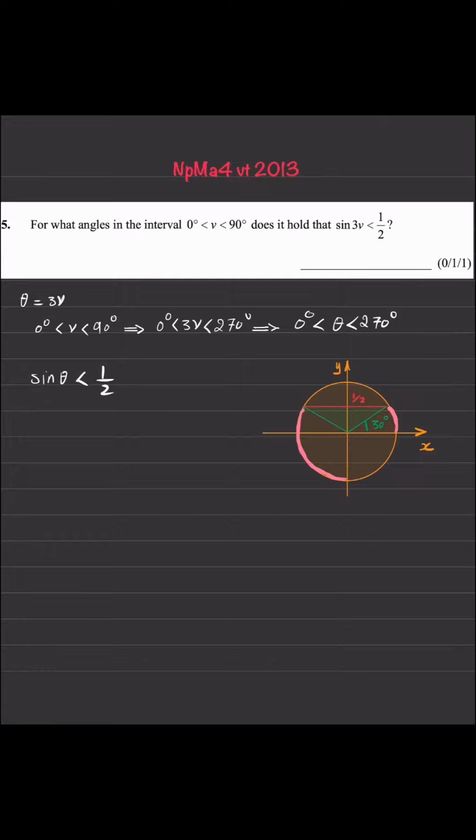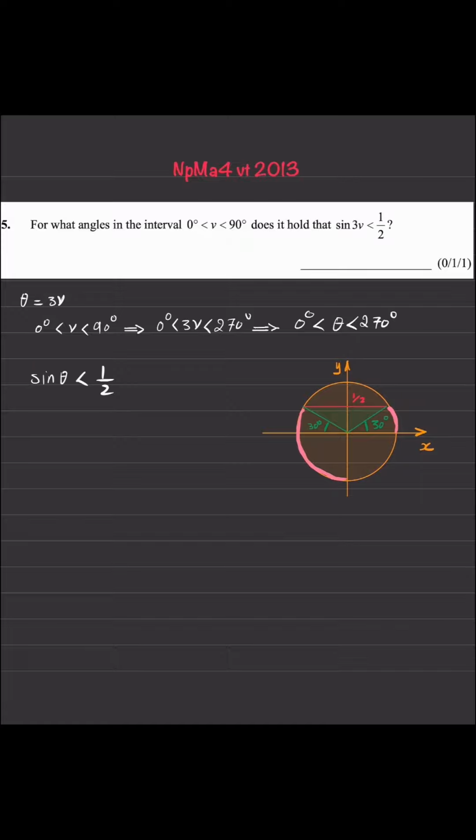By symmetry, the size of this angle is exactly 30 degrees, but be careful because this is the starting point of angles, so I have to consider it from here to here. So it is clear that this angle now is 150 degrees. So I have two alternatives for my theta.